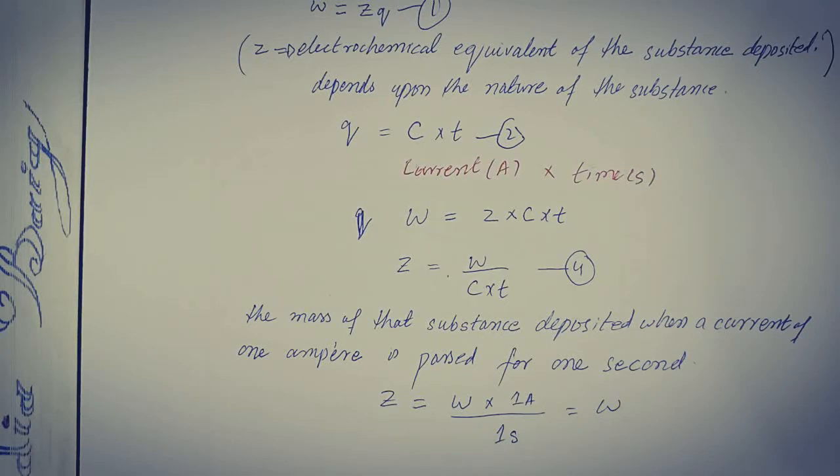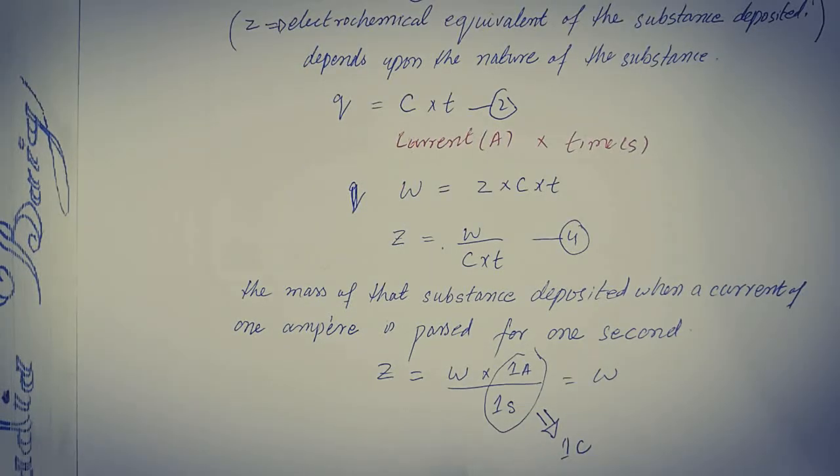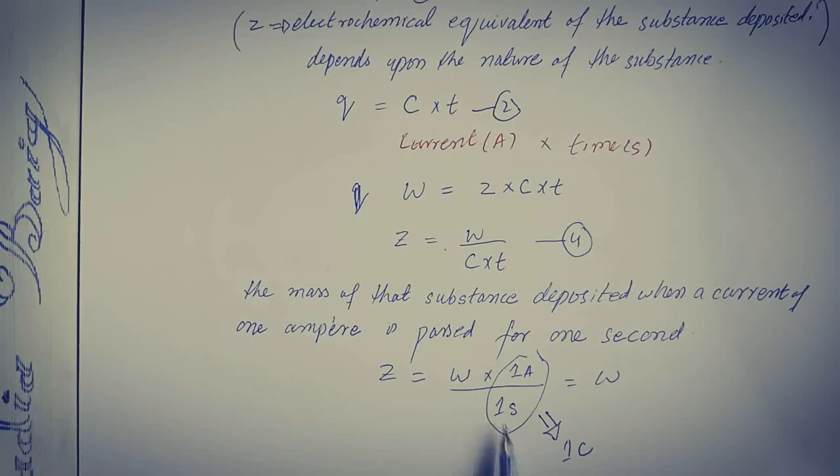So we can say that electrochemical equivalent is the mass of the substance deposited when 1 coulomb of electricity is passed through the substance. So here the product of ampere and second is equal to 1 coulomb.